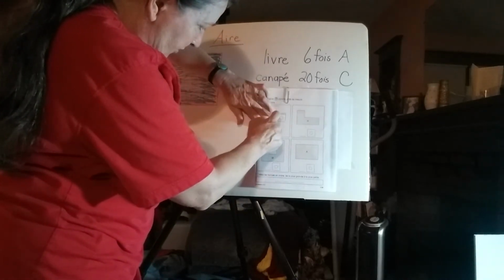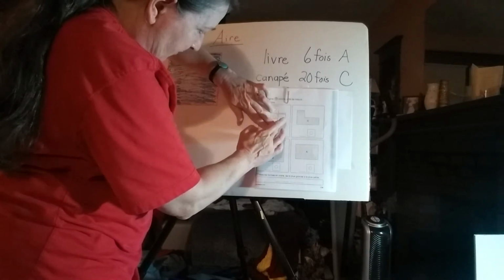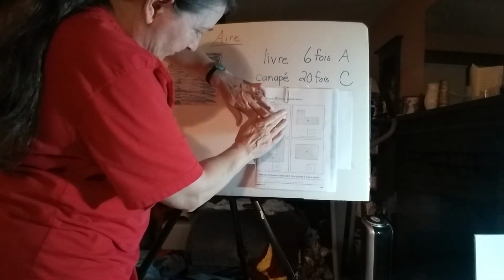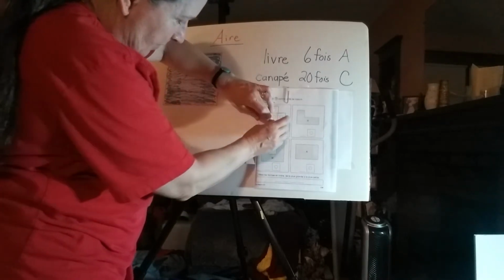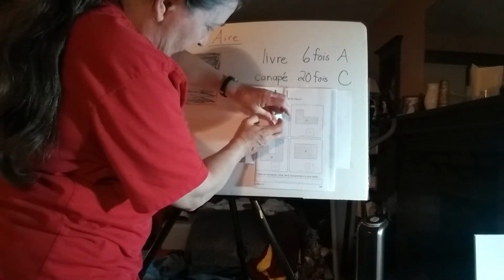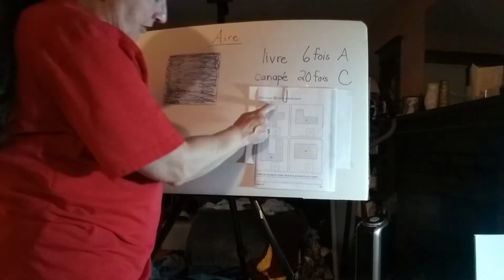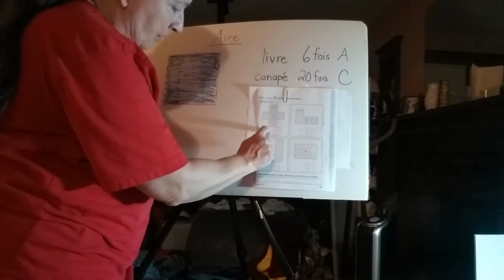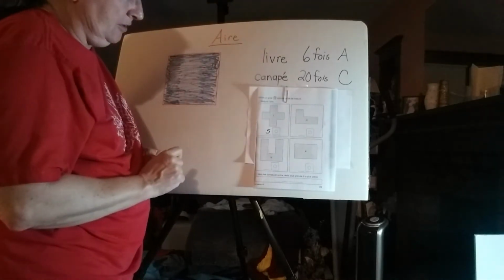We have 1, 2, 3, 4, 5 of them all together. Knowing that it takes 5 cubes to cover the area of this shape, I put the number 5 here.